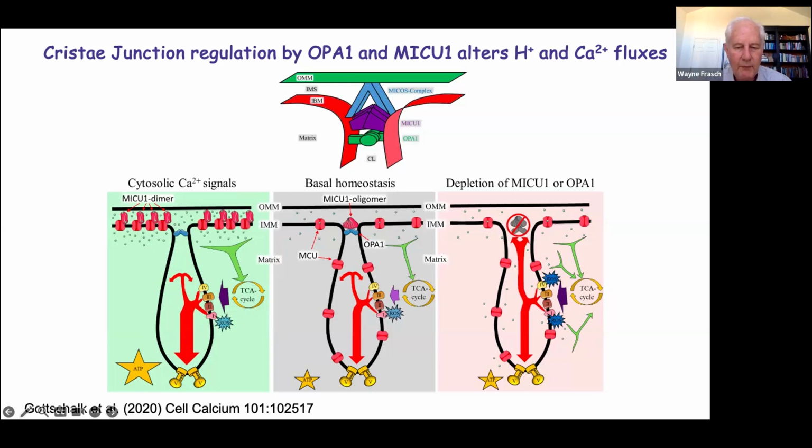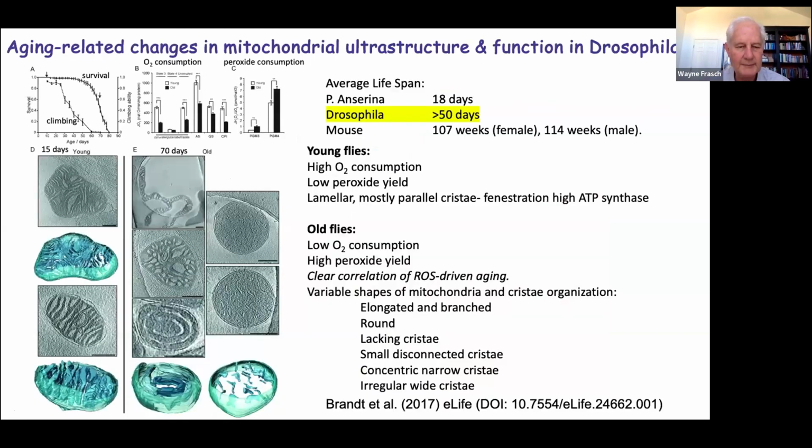And when you have damage, then what happens is that, as I just mentioned from Kulbrandt's study, you get a breakdown of this part that's forming the junction. And notice that the protein involved in this is the OPA1, which is also involved in the fission-fusion process. So when you have that, then the calcium rushes to the inside, and it's thought that the calcium will affect the dimer of the F1FO in some way to induce the transition pore.